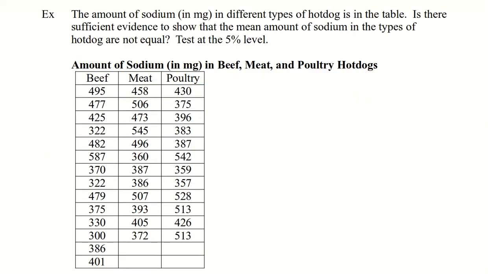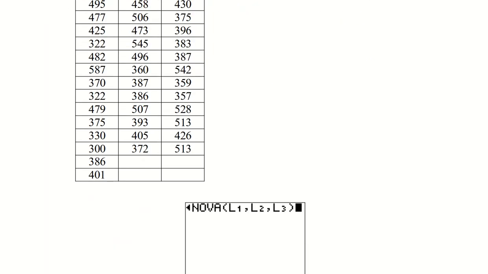Here's an example where we're looking at the amount of sodium in different types of hot dogs. So these are all hot dogs, 3 different samples. They are beef, meat, and poultry. How meat differs from beef and poultry, don't ask me, I'm a vegetarian. So we're then asked to do an ANOVA test at a 5% level of significance.